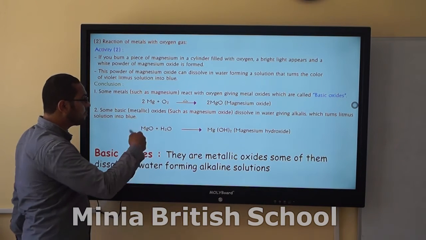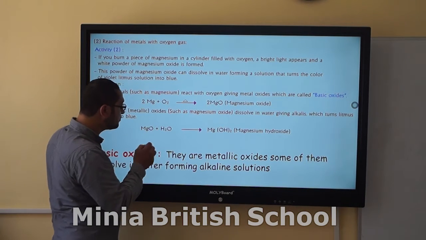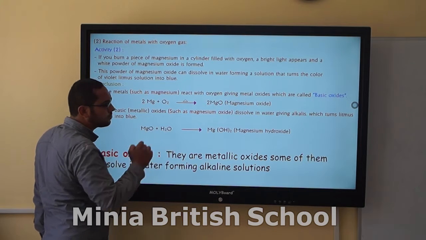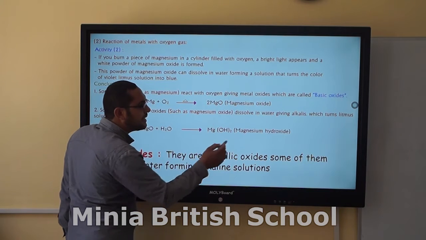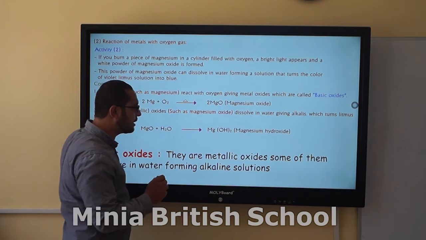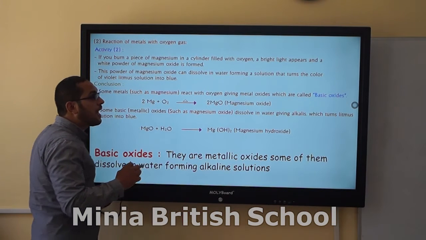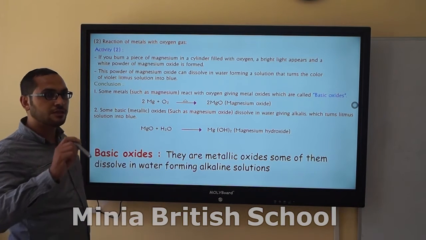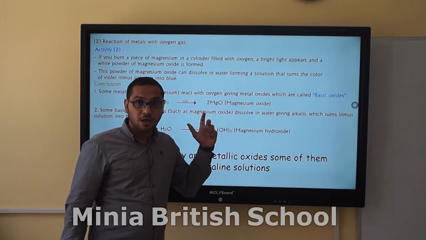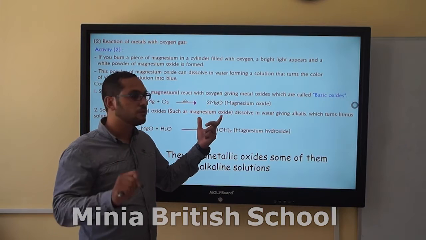Here, MgO, magnesium oxide, dissolves in water, forming magnesium hydroxide. Magnesium hydroxide is considered an alkaline solution, which turns litmus solution into blue.